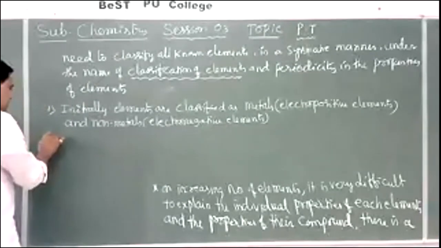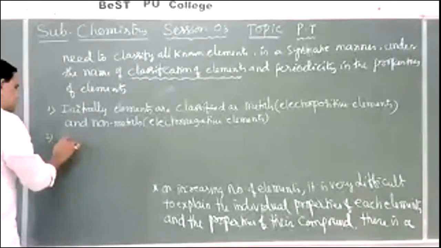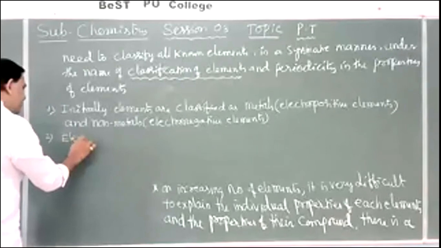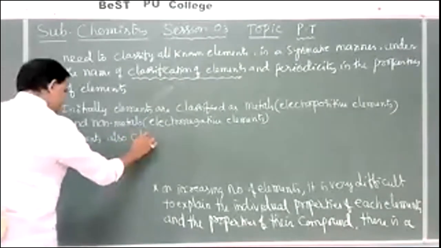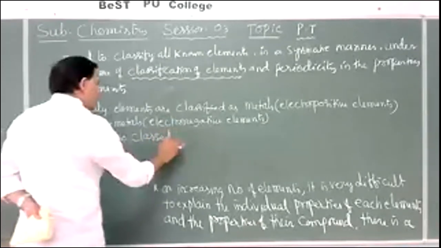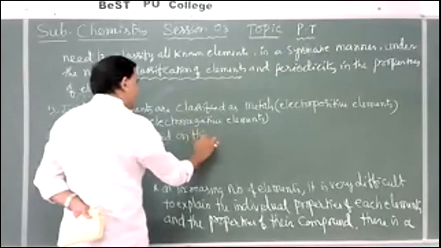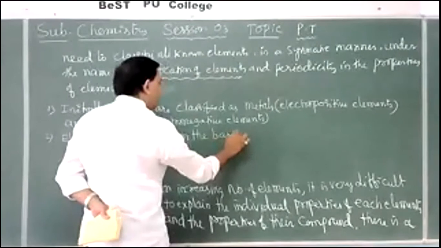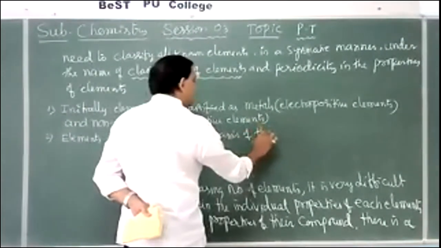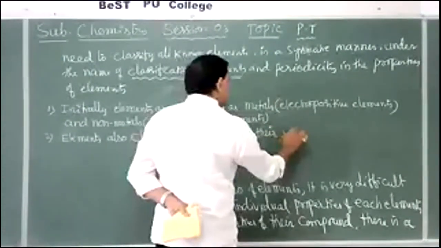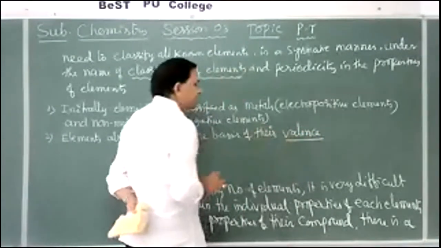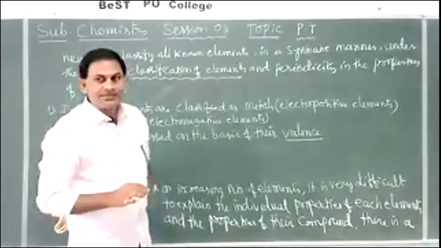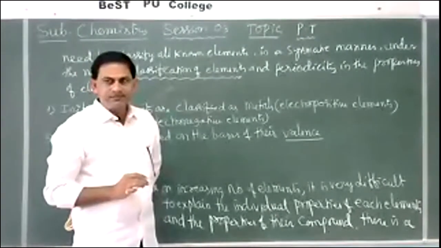Then elements were also classified on the basis of their valency. Valency is nothing but the combining capacity of an element.